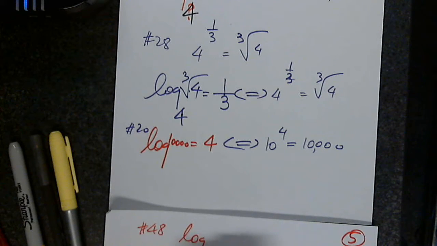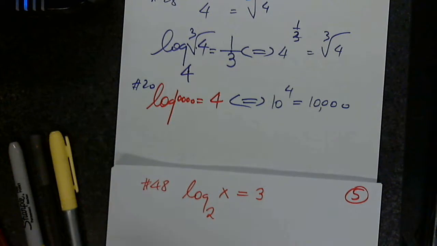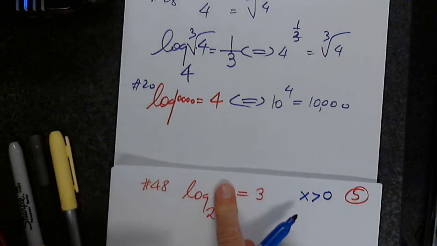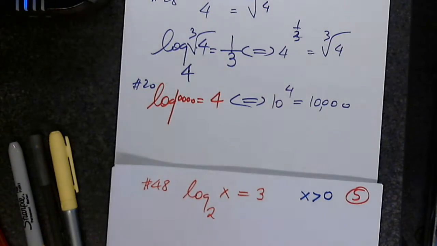Log base 2 of x is 3. Remember, log has to be applied to positive numbers. So on the side somewhere I write, make sure that x is positive, because log has to be applied to positive numbers, not even 0.